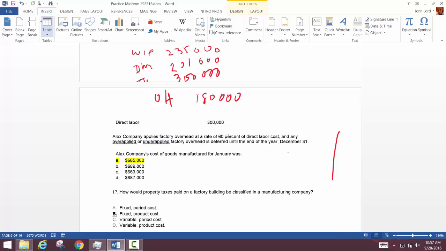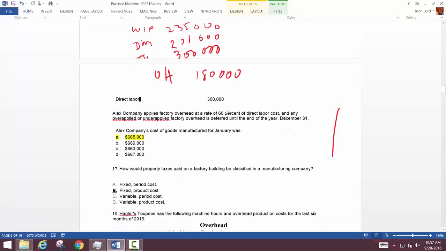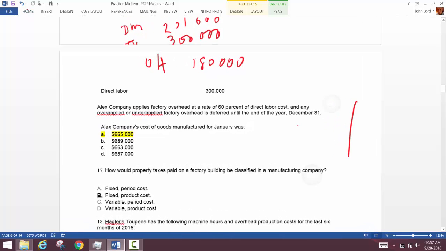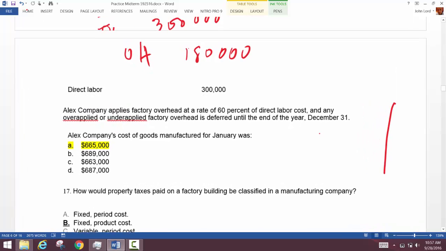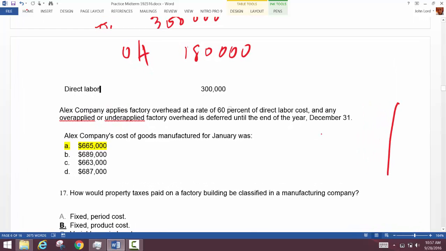Not a lot, but you could run into something where they're going to make you jump through a couple of hoops to get to whatever it is they're asking you for on that question. So this one I took from the CPA exam. When you start working questions at this level, you're working professional exam type questions.